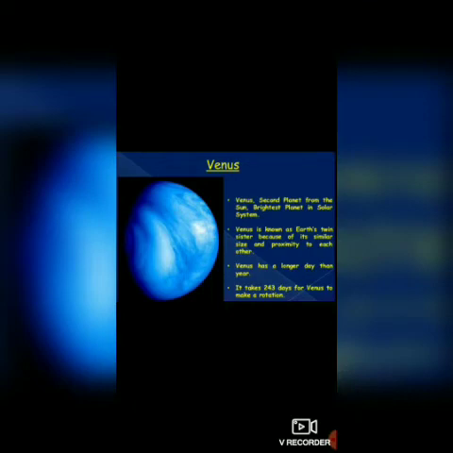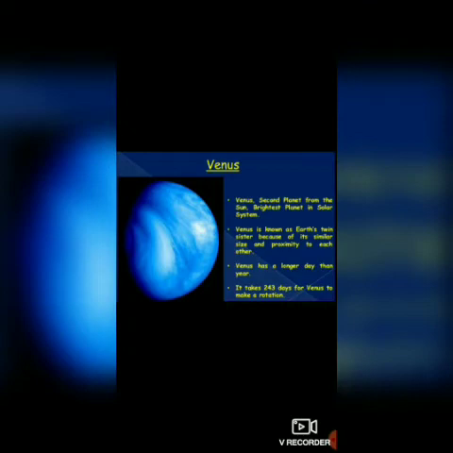Venus is the second nearest planet to the sun. It is the second planet near to the sun, and it is the brightest planet in the solar system. It is also called Earth's twin sister because of its similar size and proximity to each other.